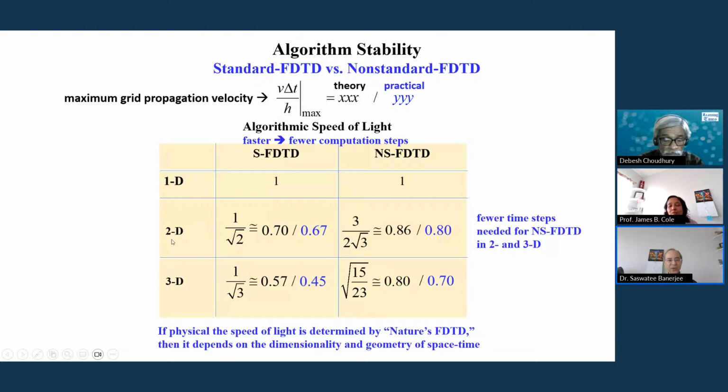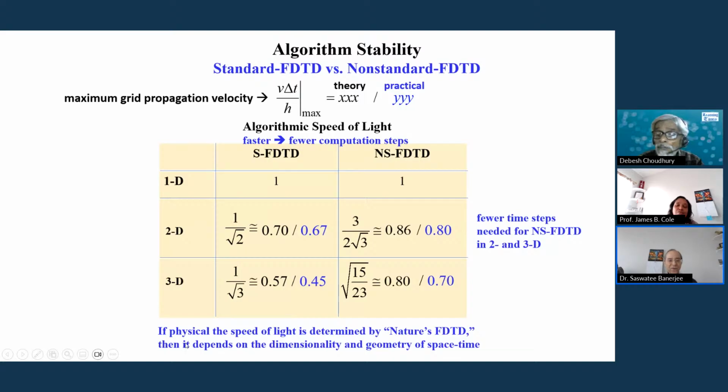However, in 2 dimensions, theoretically it can travel 0.7 space steps in 1 time step, but in the practical calculation, only 0.67. So the speed limit is lower. And in 3 dimensions, the speed limit is yet lower, again with a theoretical and a practical speed limit.